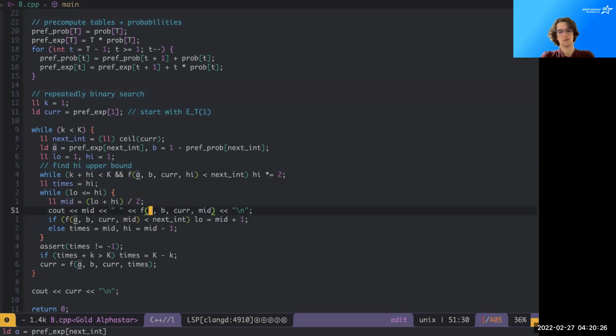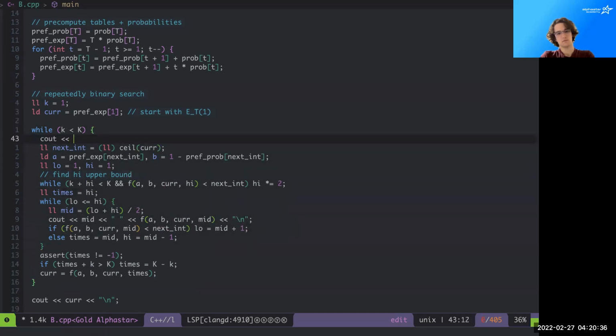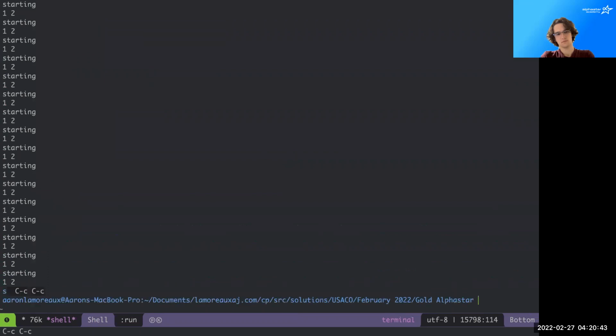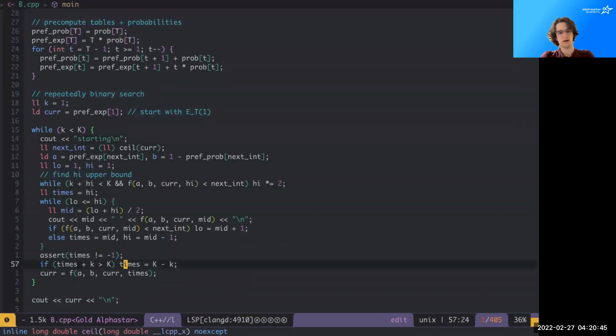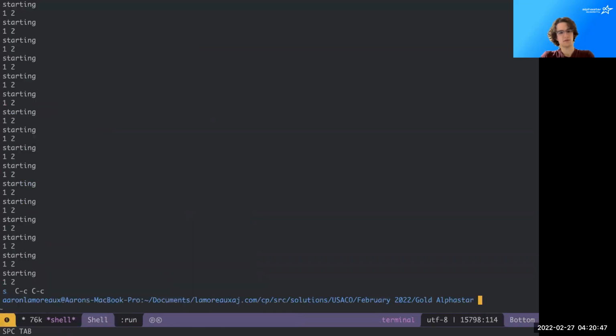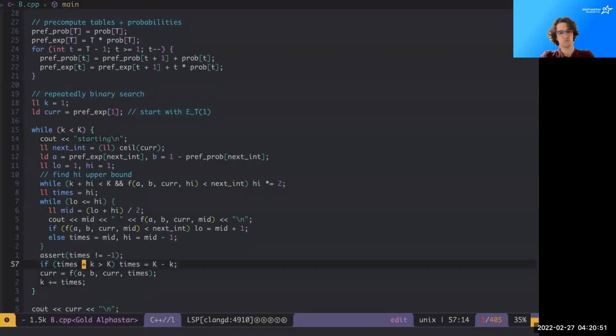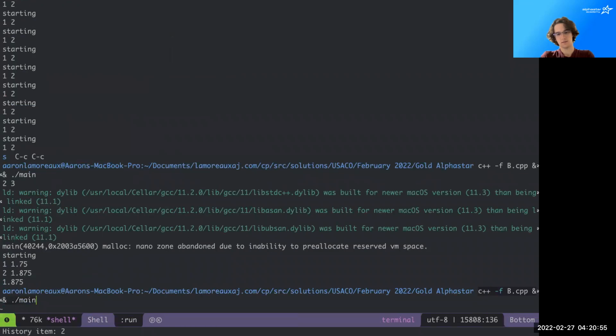That should not be possible because we'll eventually terminate. That's not, I guess, k plus equals. That seems to work. Test another sample.